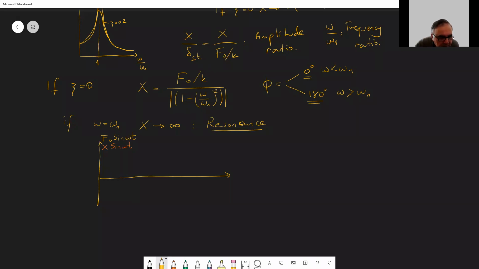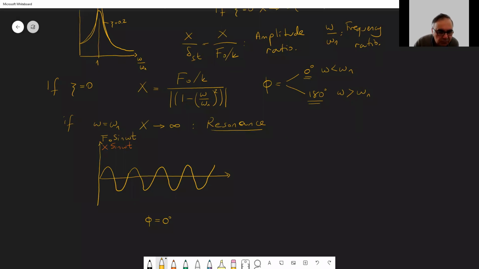So when phi is 0, this is what we have, 0 degrees. The forcing and the response of the system are in phase.